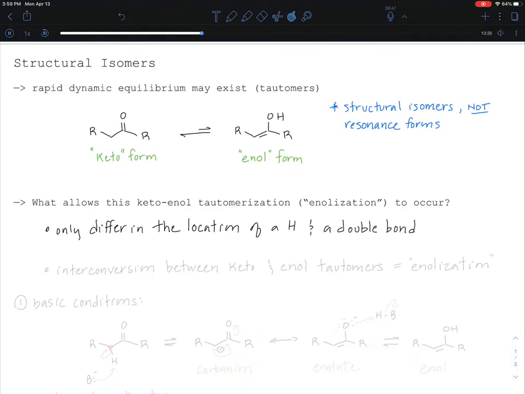And the interconversion between the keto and the enol forms is called enolization. So sometimes we'll just use that word. So the interconversion between the keto and the enol forms, or in other words, the tautomers, is called enolization.